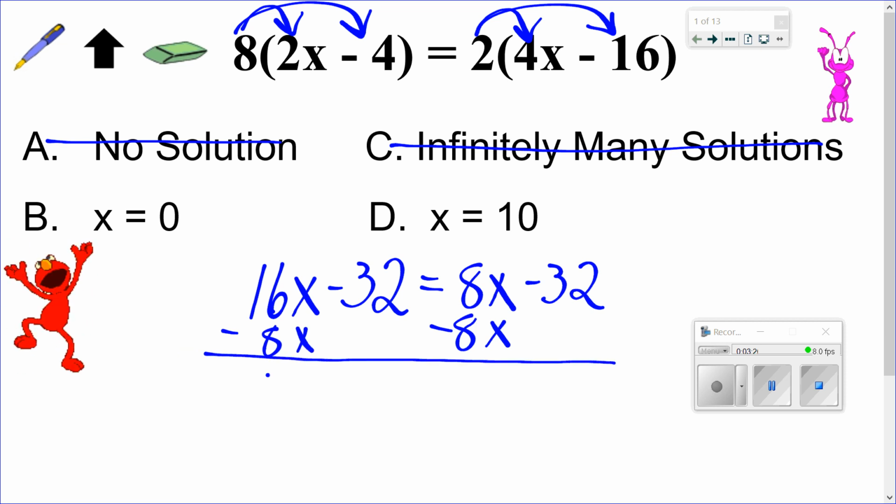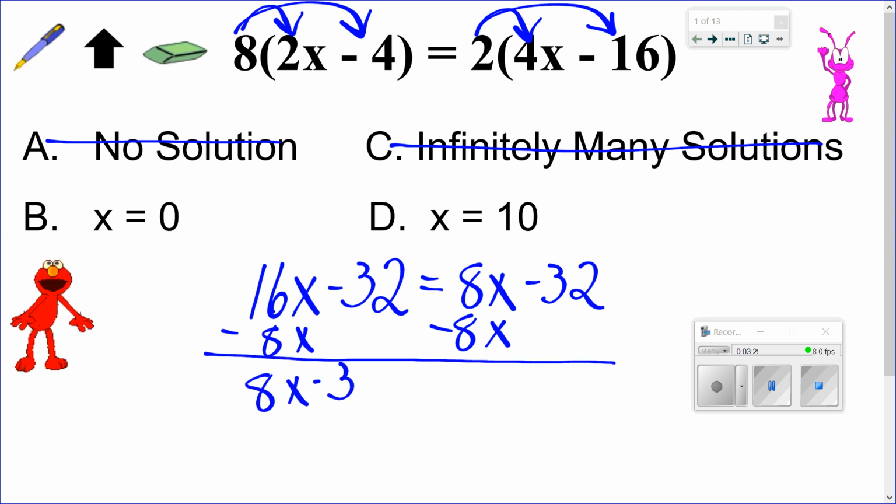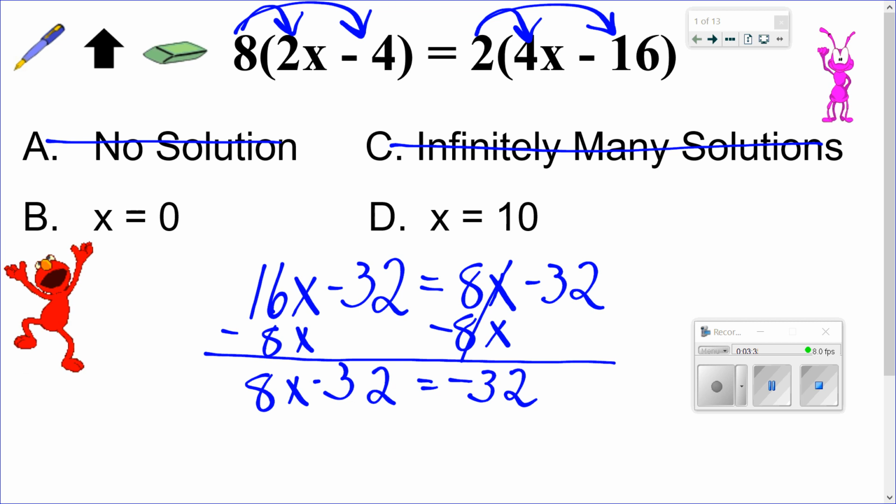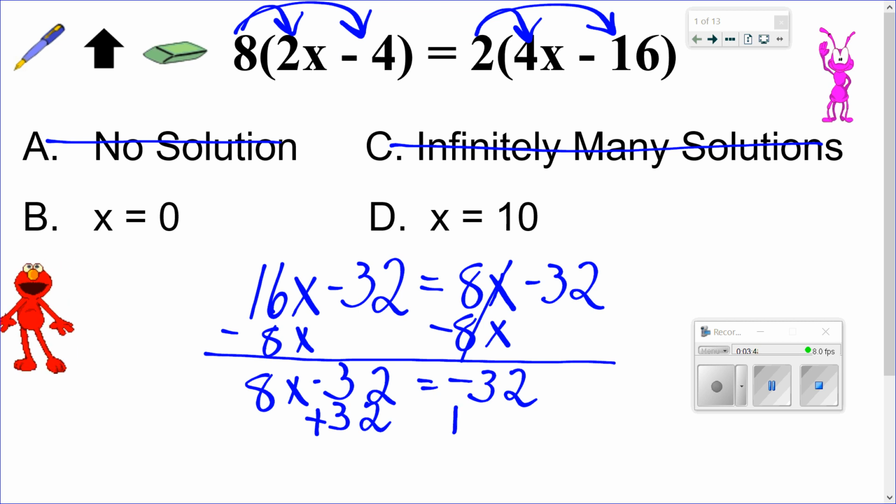And I get 8x minus 32 equals negative 32. Now we have to isolate the variable, so I'm going to move the constant of 32 to the other side. Because it's going to the other side, inverse operations, and it's a minus 32, now I'm going to add 32 to each side.